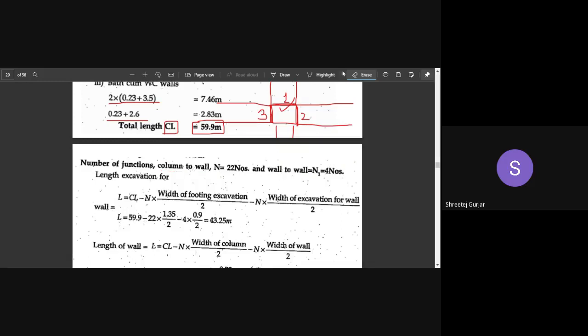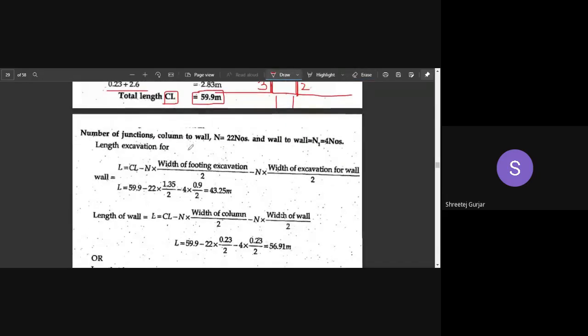Okay, so moving on. This is your center line formula which you usually use to calculate your length. To calculate length, it is CL minus N into width by 2. But since we have two types of junctions here, 1 and 2, we need to consider the same formula 2 times.